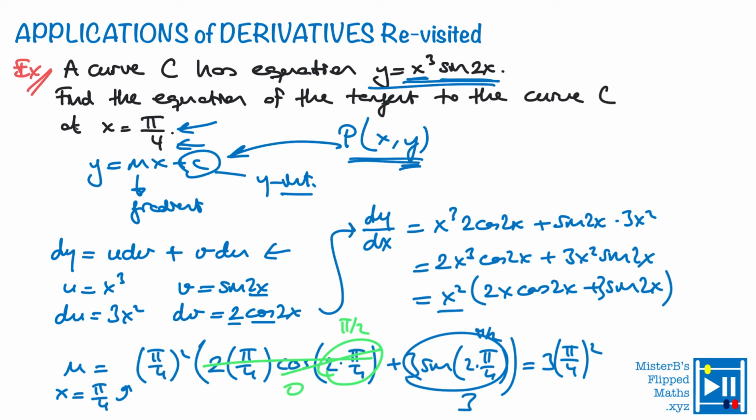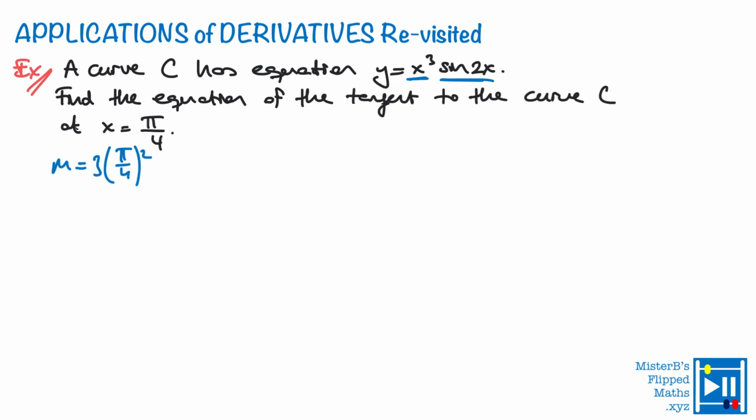I'm not calculating the decimal, I'm just keeping the exact value. So this is my gradient, and let's write it into the tangent equation. My tangent line will now look like y equals 3 times pi over 4 squared times x plus c. Now I need to find the y-intercept. To be able to do that, I need to substitute the point into the function.